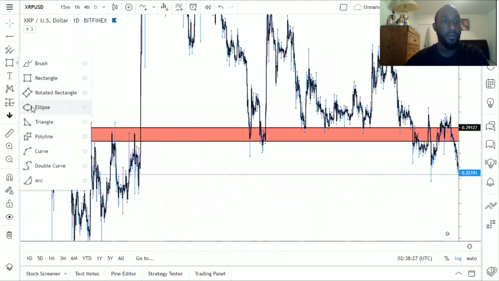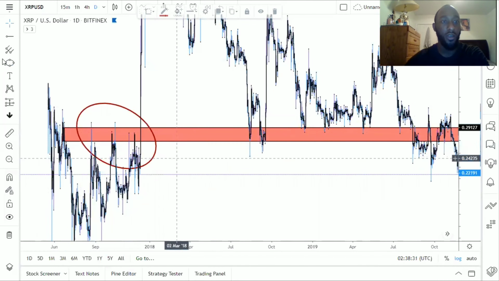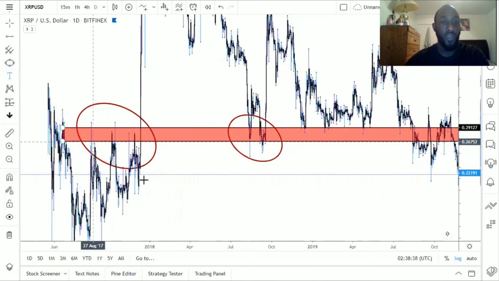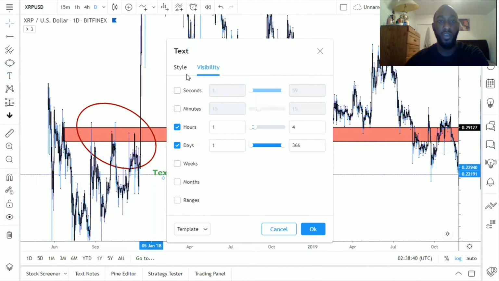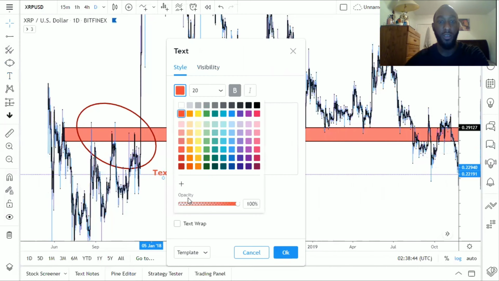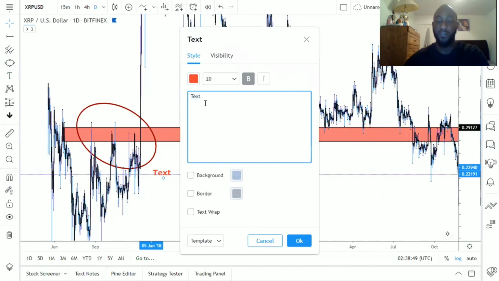So let me go ahead and show you guys right here. That area has to be tested multiple times for it to even be considered. So right here, the market played as a resistance. There we go.